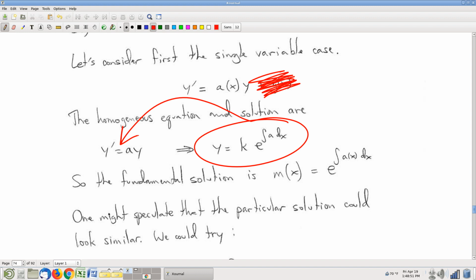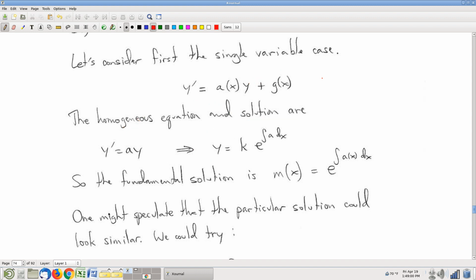Clever move, and it works. How nice. That function is what you could call a fundamental solution. By itself it is a basis for our set of homogeneous solutions. It's just one; we're talking about a one-dimensional vector space, but nevertheless.